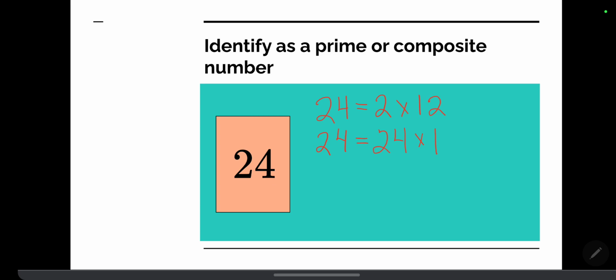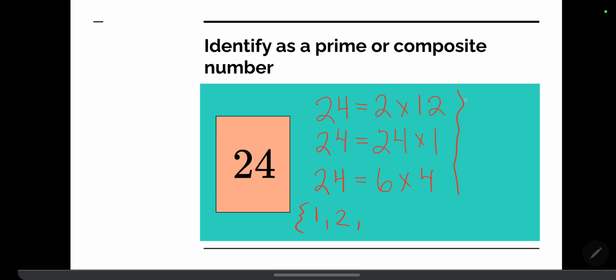But let's see. 12, we could divide 12 evenly into 6. So 6 must also be a factor of 24. So 24 is also a multiple of 6 times 4. Okay. All right, so the factors of 24, I'm going to do it in numeral order: 1, 2. You know what? I think I missed one.